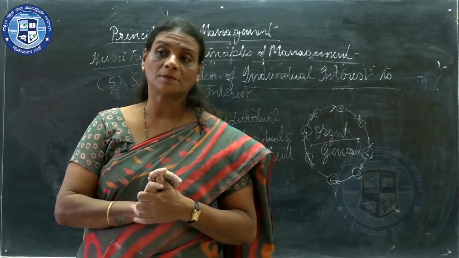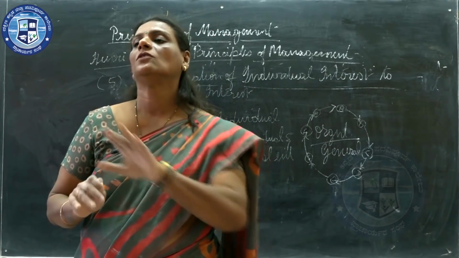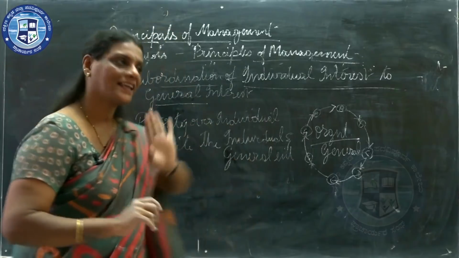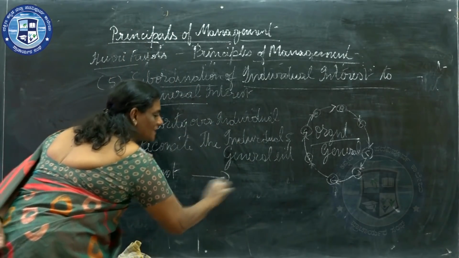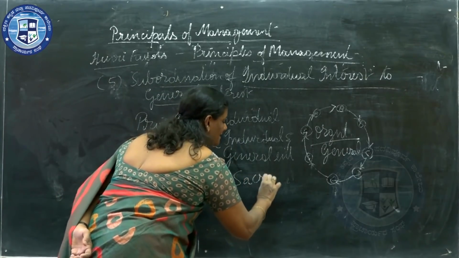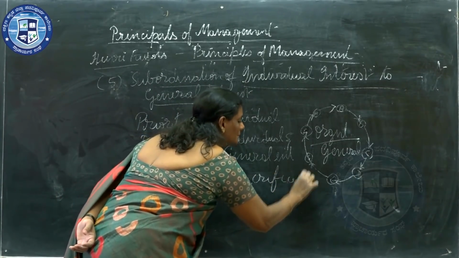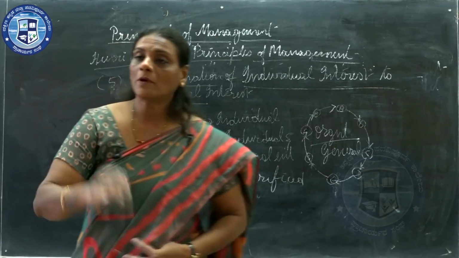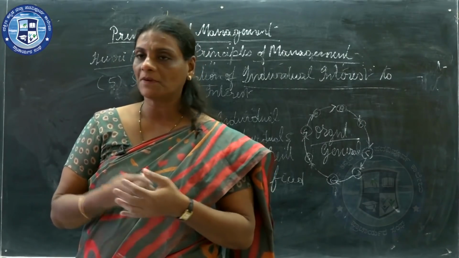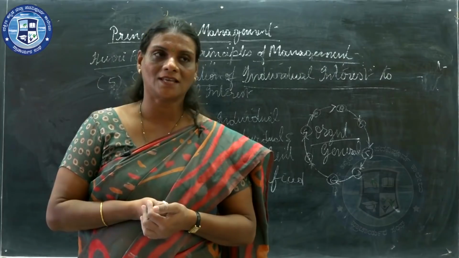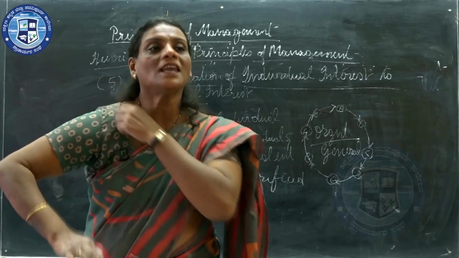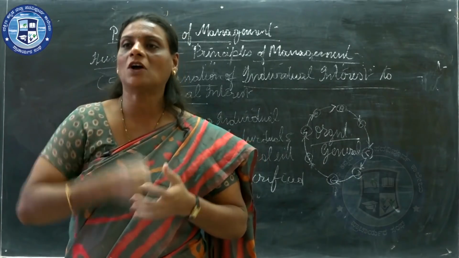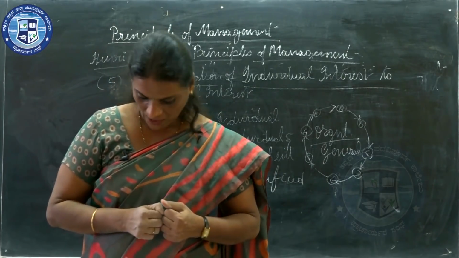If it is not possible, then what? If not, individual interest has to be sacrificed. So, you cannot be looking into your personal interest there. Personal preferences cannot be given in an organization. When you are working for the organization, you have to see for the benefit or uplift of the organizational goals and not your personal goals.